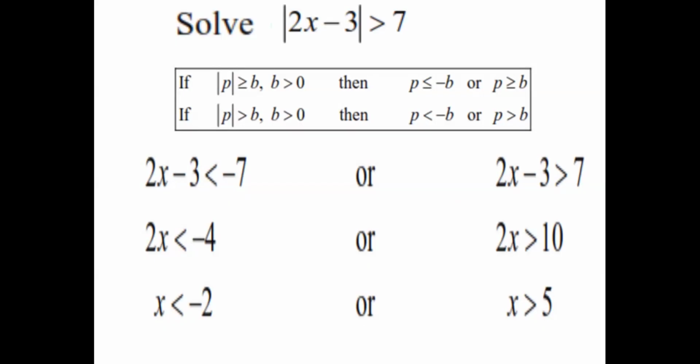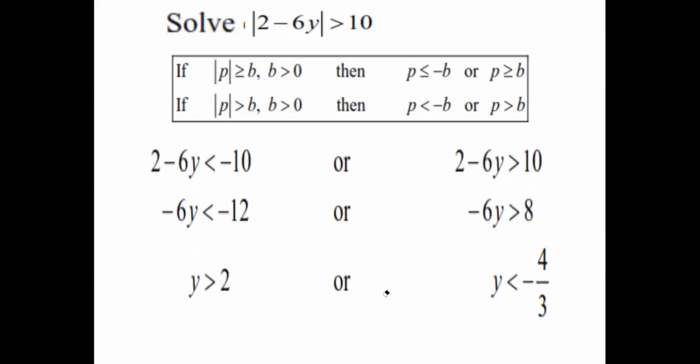Take another one. You have the modulus of 2 minus 6y is greater than 10. So you either have 2 minus 6y is less than minus 10, or 2 minus 6y is greater than 10, and you do your thing.